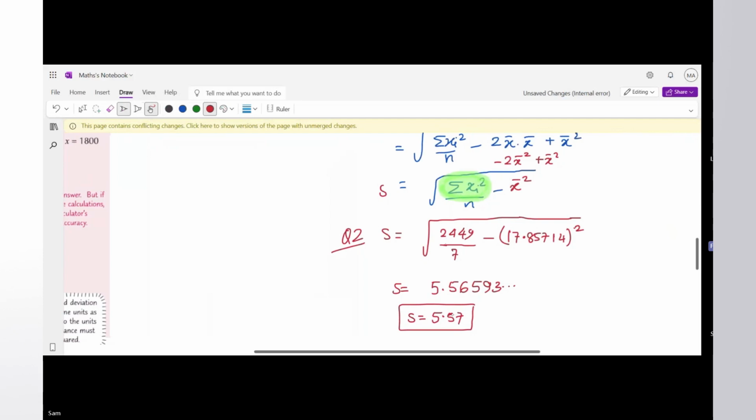I've got around 5.427. Why is it different? Because I think you are still taking n minus 1 in both. You are using the estimator formula, the S formula, whereas we are talking about sigma. Oh, I see.